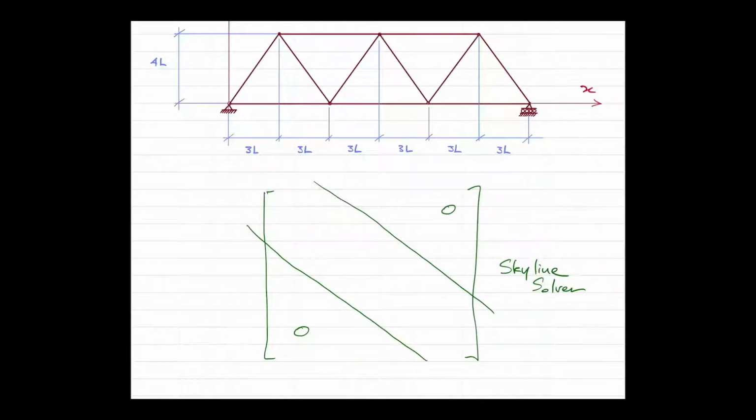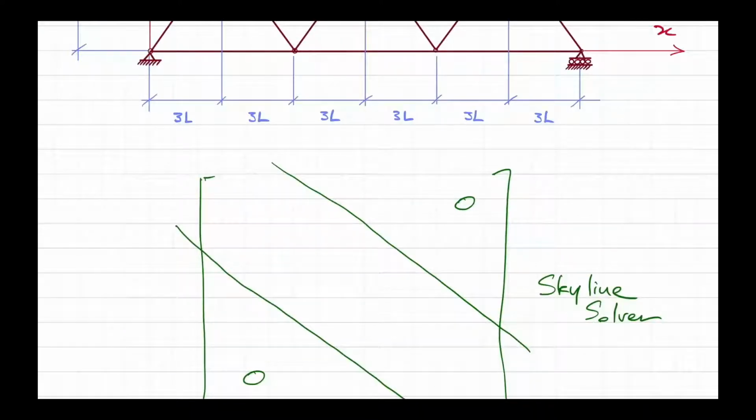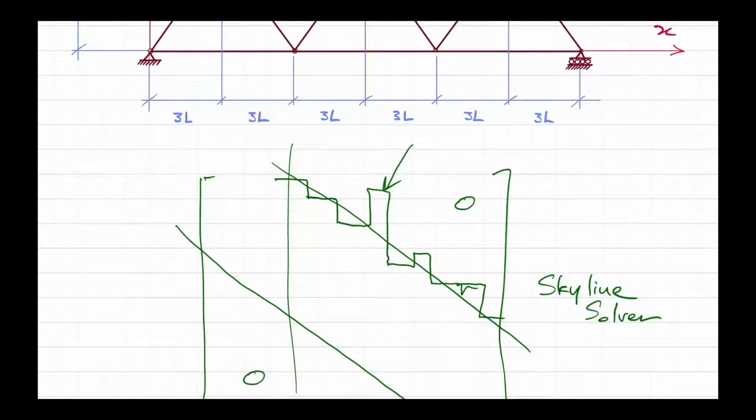The skyline solver, well, this will look like a skyline. Yeah, this looks like a skyline. It looks like a building. When you look at one column, you find the outermost non-zero value, and then you define the skyline from that point.